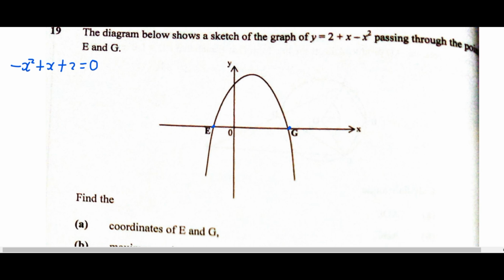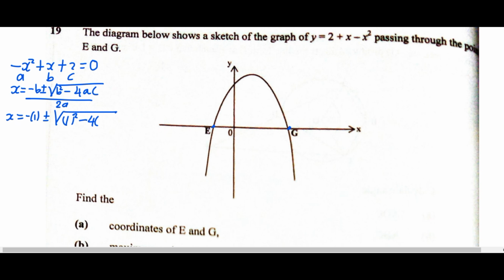So we have our a, b, c. Let's use the quadratic formula: negative b plus or minus the square root of b squared minus 4ac, over 2a. The value of b we can see is 1. The value of a is the coefficient of x squared, which is negative 1.